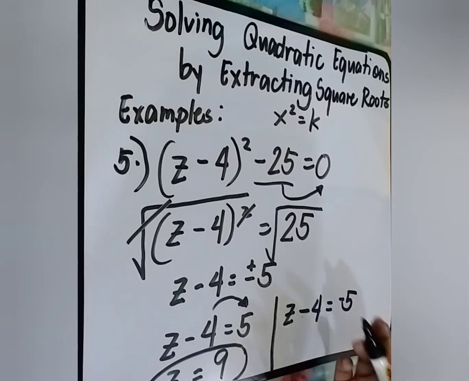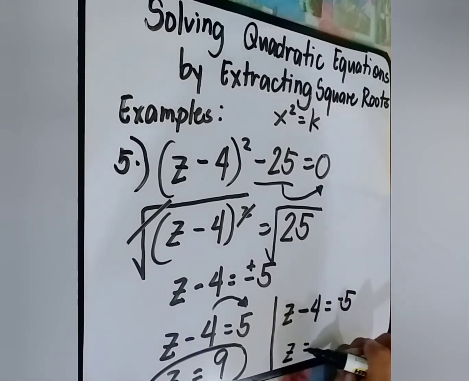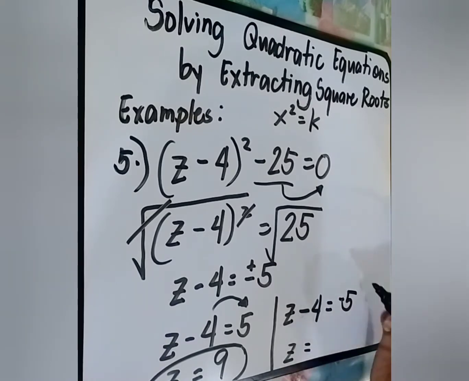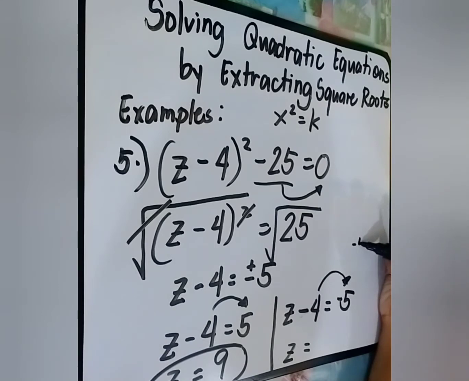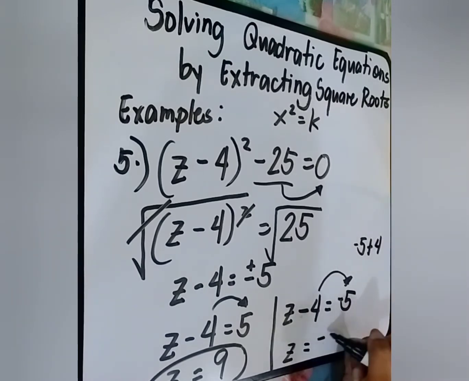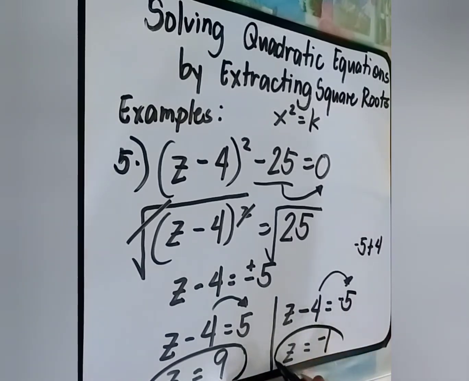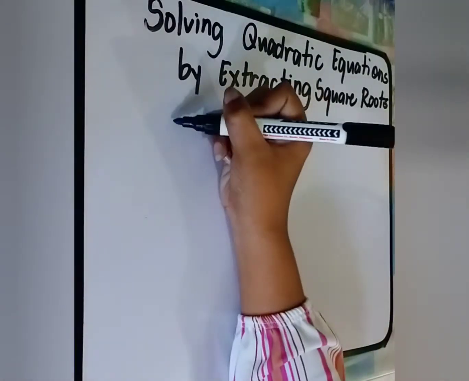Okay, second equation. So, z is equal to, okay, transpose negative 4 using the addition property of equality, magiging negative 5 plus 4 is equal to negative 1. Okay, that is correct. Our values of equation are 9 and negative 1.